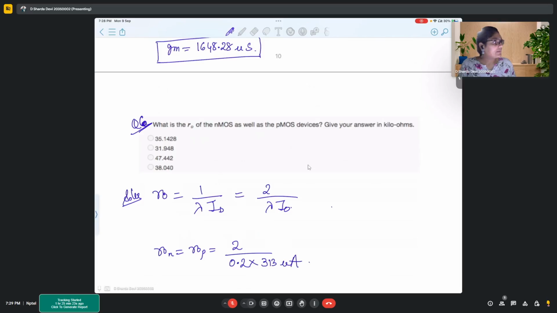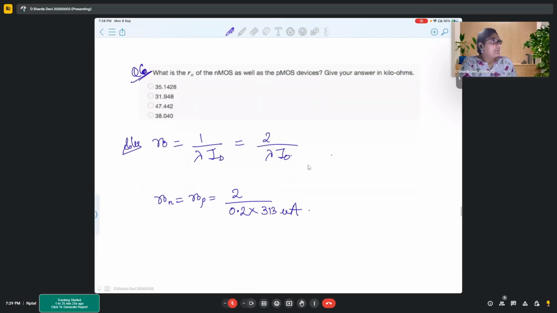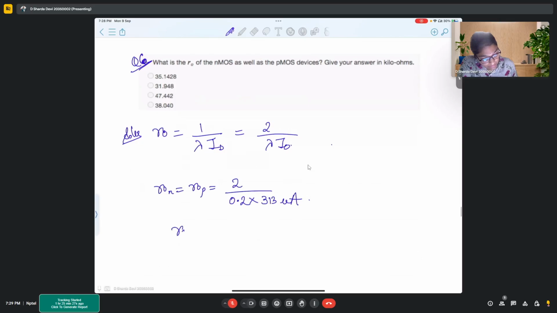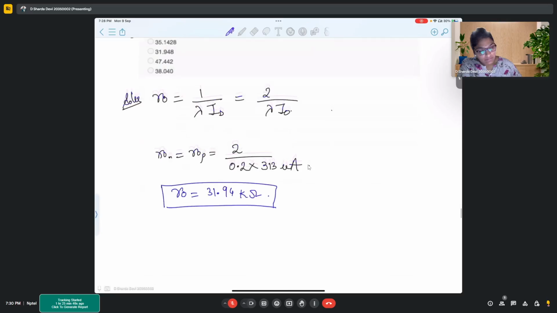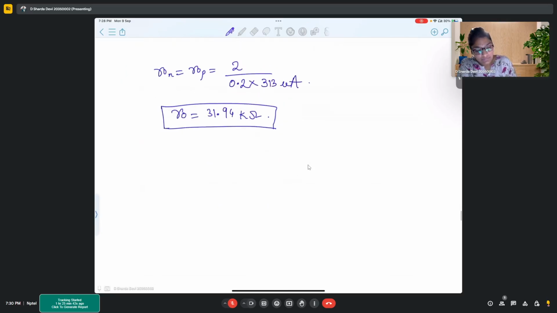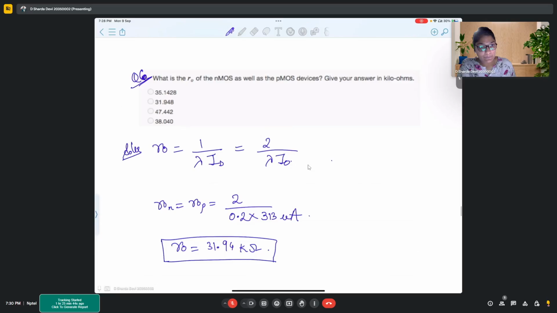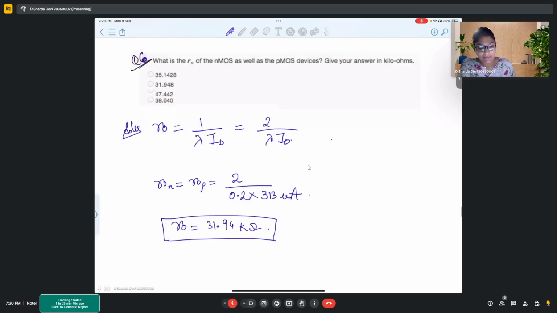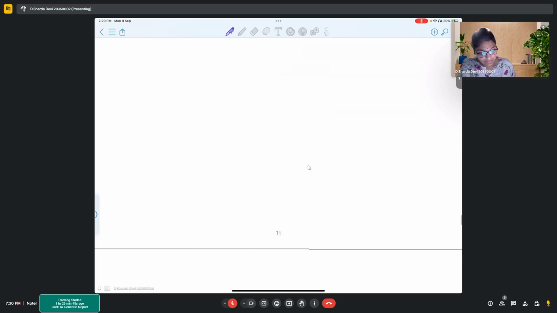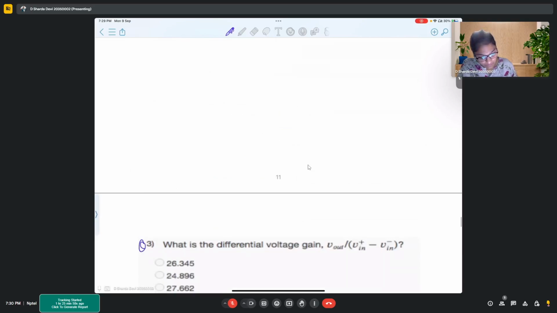So from there, the R naught turns out to be 31.94 kilo ohms. Is this clear? Okay, so moving on to the next problem.